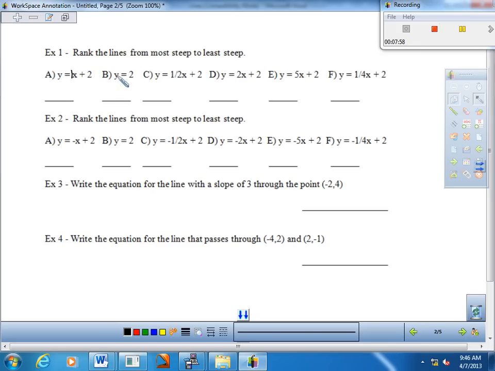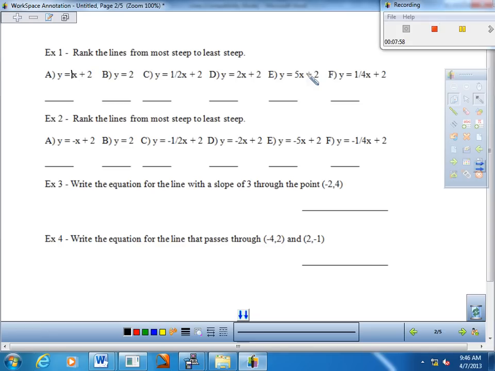Think about this one momentarily, and then look at all the other slopes if you get an opportunity. And I'd ask you to just use a little intuition. Which would be the steepest line and which would be the least? So take a moment. See if you can order those for me. Maybe a 1 through 6 would be fine.